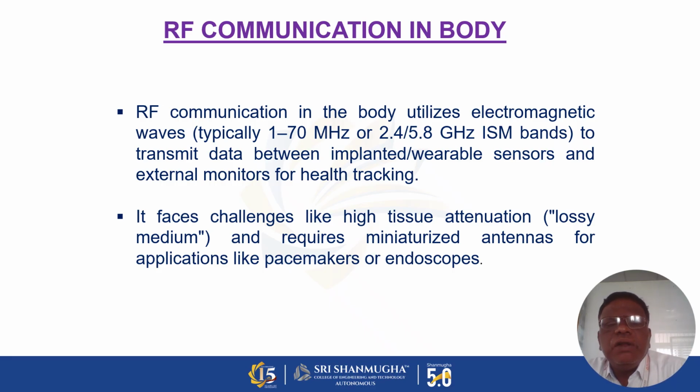It faces challenges like high tissue attenuation, lossy medium, and requires miniaturized antennas for applications like pacemakers or endoscopes. So RF communication systems in body area networks are very important.